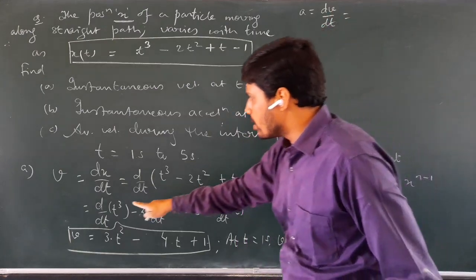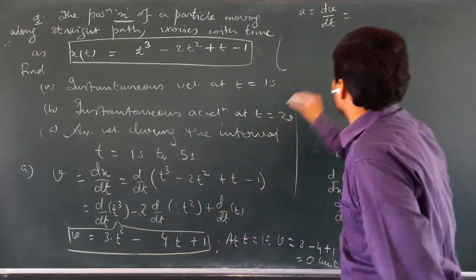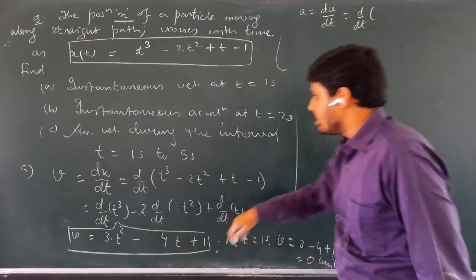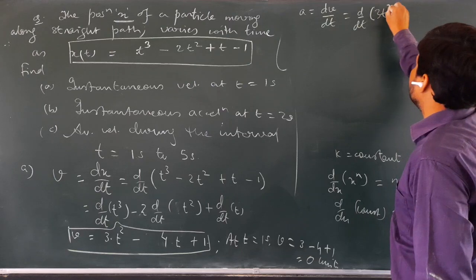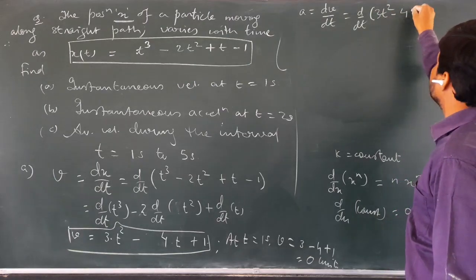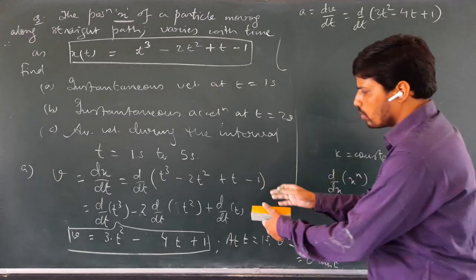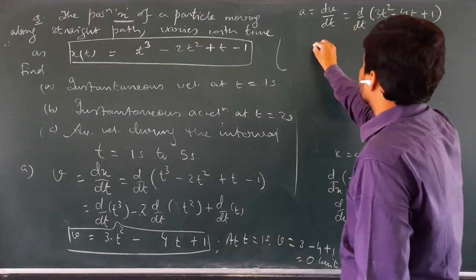Now velocity we have already found here. So this I will write as d by dt of this value. I'll put 3t square minus 4t plus 1. Simple. And then again we will follow the derivative rules. We will segregate them.